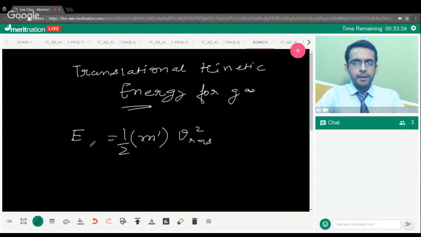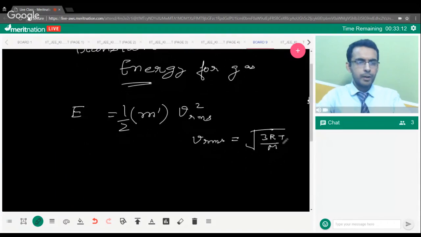Now see, what is the V rms formula? V rms is equal to the square root of 3RT by capital M, where capital M is the molar mass of 1 mole.